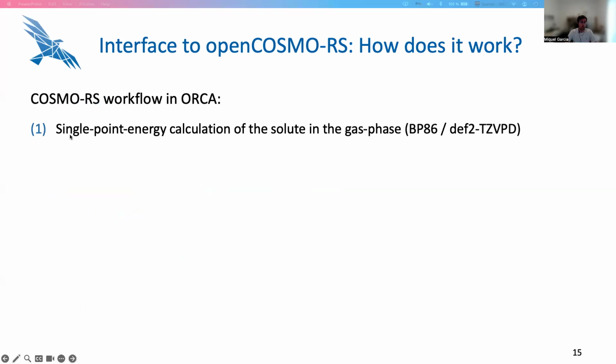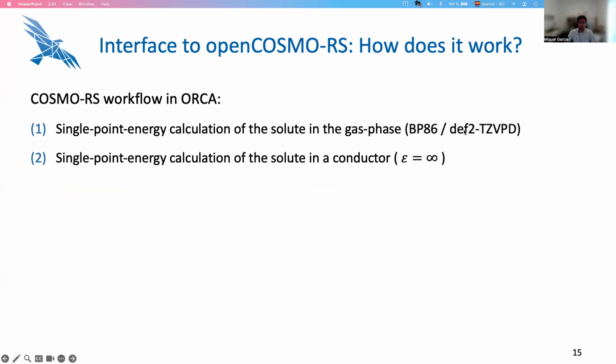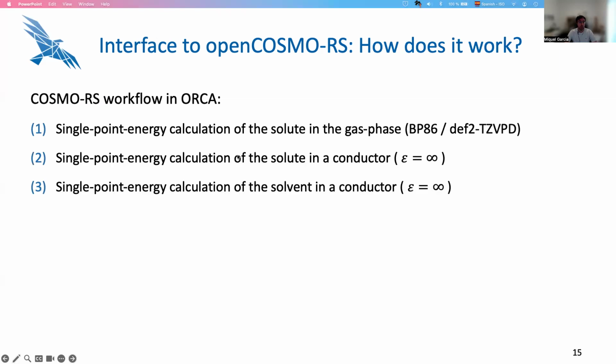Well, first of all, a single point energy calculation for the solute in the gas phase is run, in this case with these DFT settings. After that, the same calculation is run for the solute in a conductor with the same settings. And finally, we do run a calculation for the solvent in a conductor.